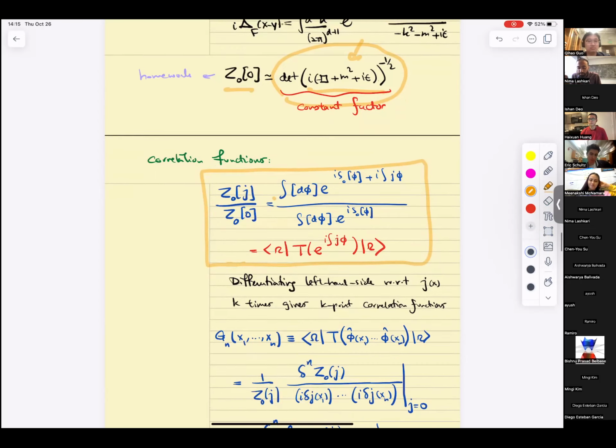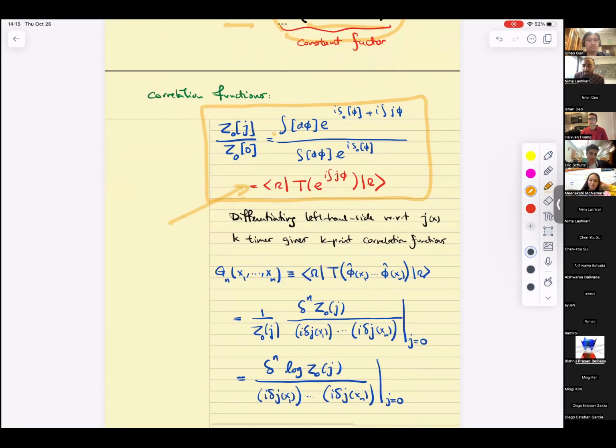Good? Okay. Now, if I have this and start differentiating with respect to J, what do I get? I get correlation functions, right? That's why this is the generating function for correlation functions, the time-ordered ones. This is the beauty of path integrals.